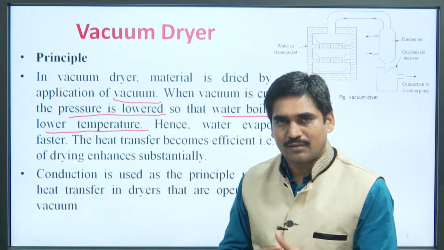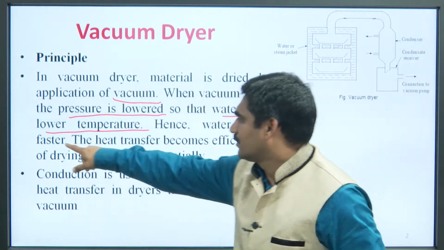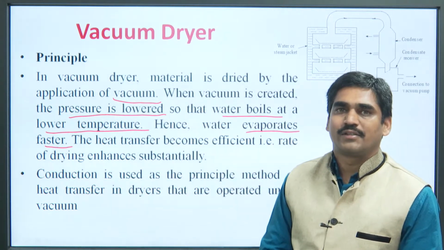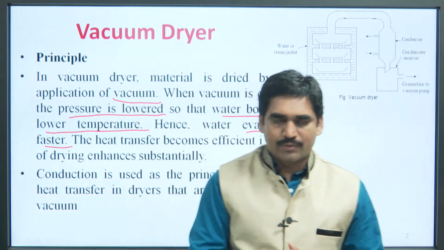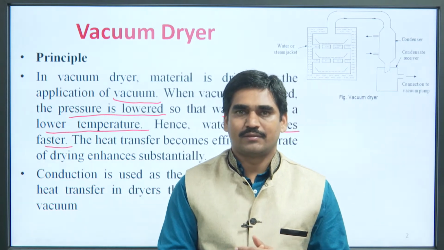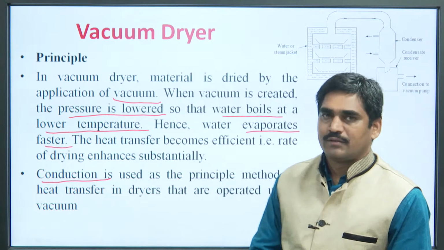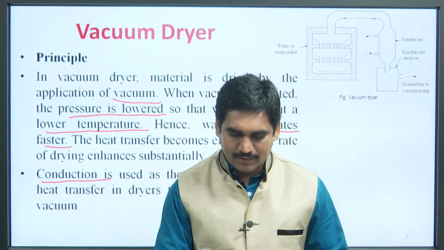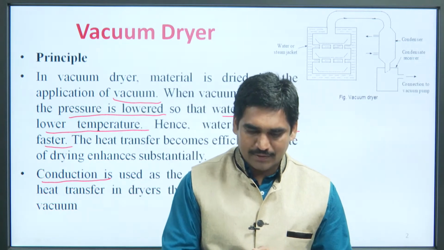As the water boils at lower temperature, evaporation becomes faster, which leads to more efficient drying of the product. The heat transfer mechanism used here is conduction, and the heat is transferred between the particles.